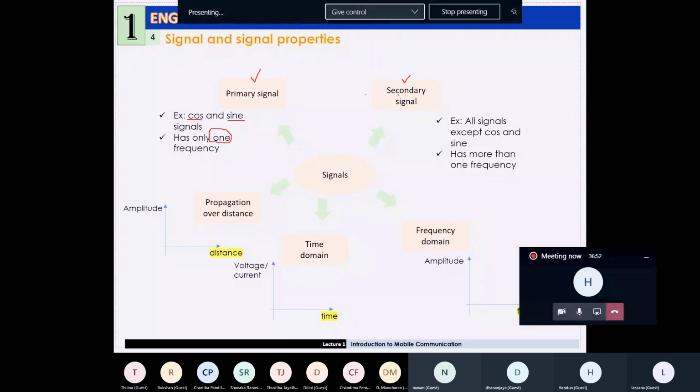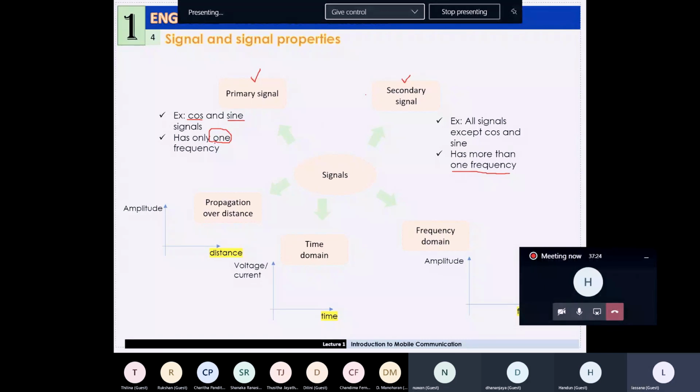Why? Assume your secondary signal has two primary signals. Suppose your secondary signal is one that is built by two primary signals. In that case, one primary signal has one frequency, meaning two primary signals have two frequencies. Therefore, a secondary signal should have two or more frequencies.